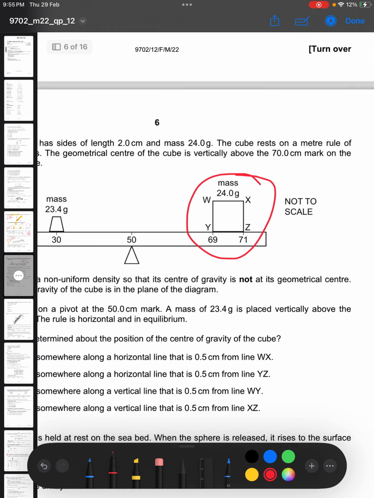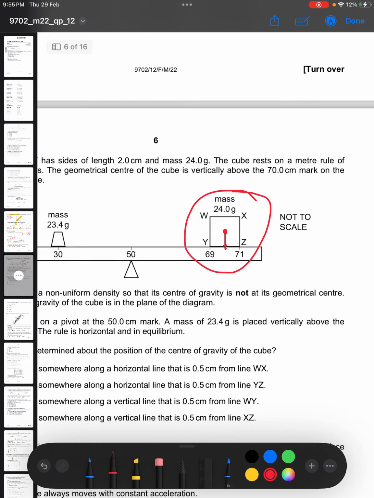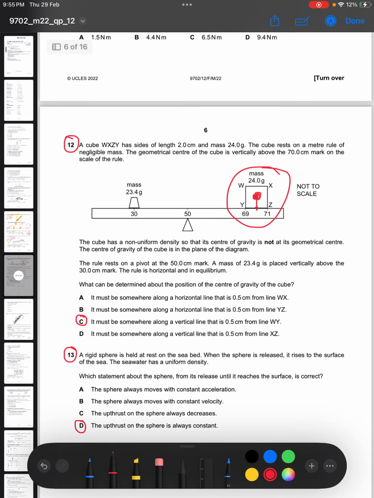So they are saying that even though the geometric center is somewhere here, which would correspond to 70, the center of gravity is not at that particular point, because the cube is non-uniform.